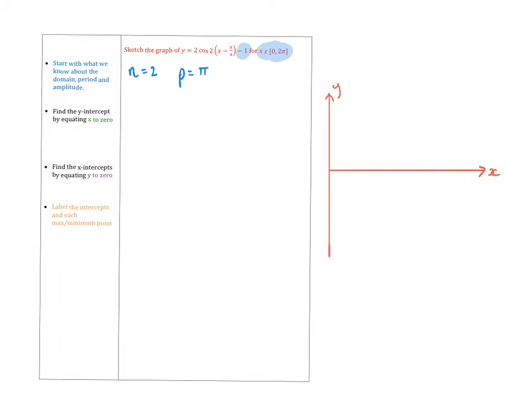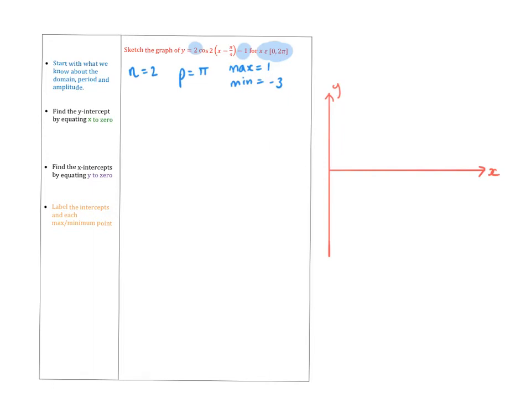Vertical translation of -1, and our amplitude of 2 means that we're certainly going to have x-intercepts, because we've got a maximum y value of 1, and a minimum y value of -1 minus 2, which is -3. So it might be worth at this point also labelling that our max is equal to 1 and our min is equal to -3.